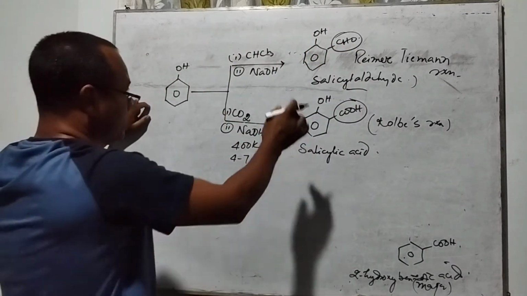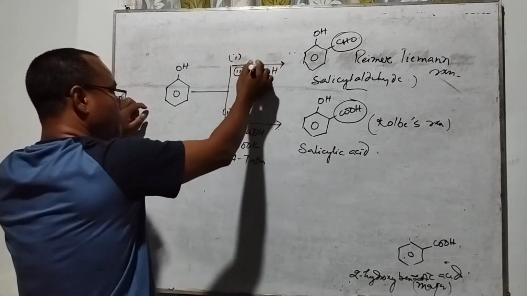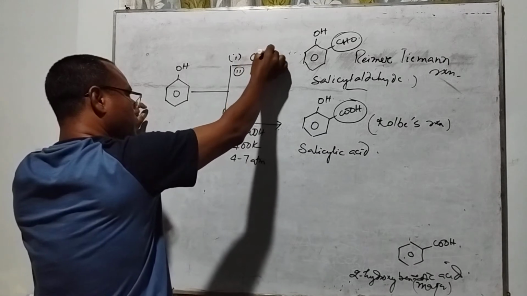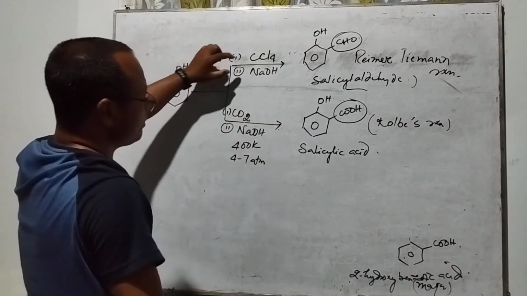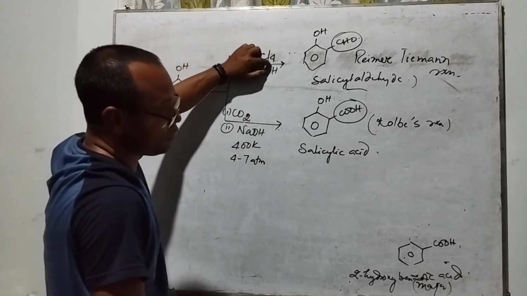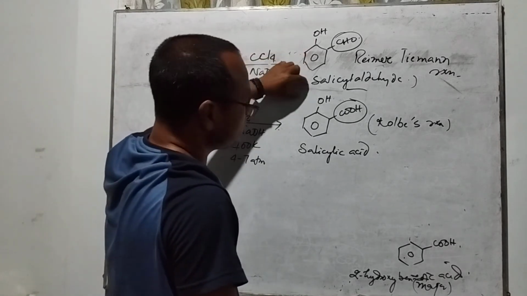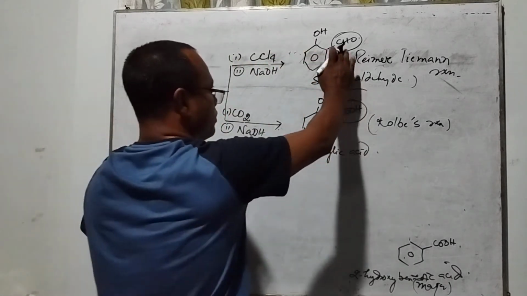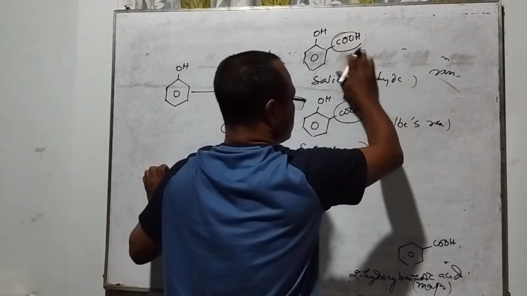But if instead of chloroform we use carbon tetrachloride, with the same reagent, the only difference being carbon tetrachloride instead of chloroform, the product found is not the salicylaldehyde, it will be salicylic acid. Don't forget.